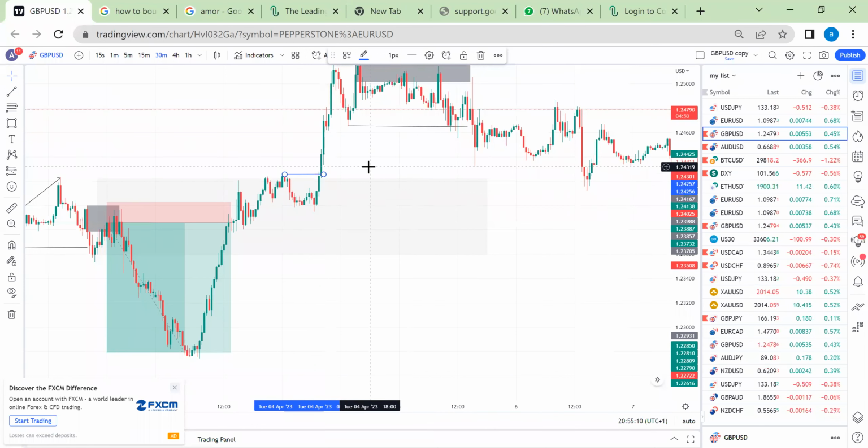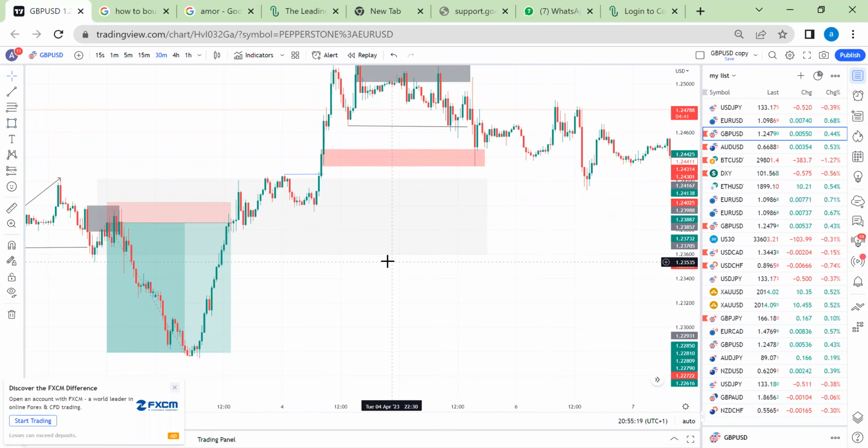So you can see it. Then we have this right here. Can you see it? This is a kind of sell to buy wick in between here and price respects it.